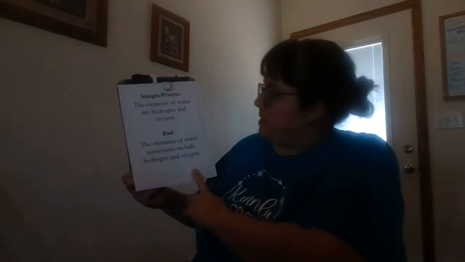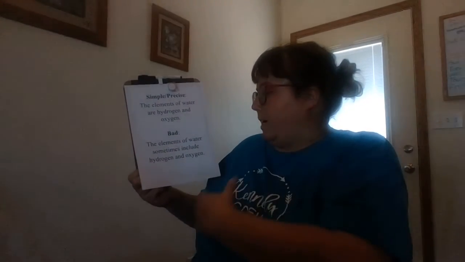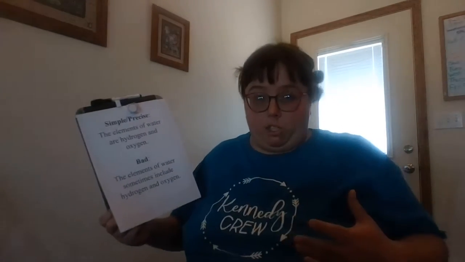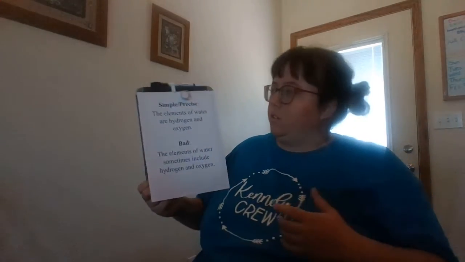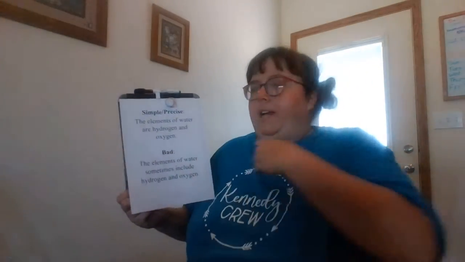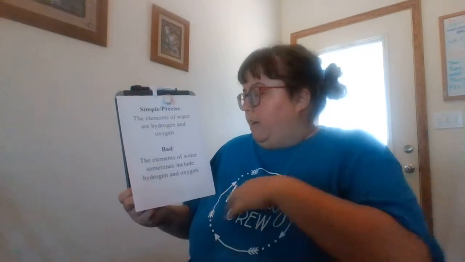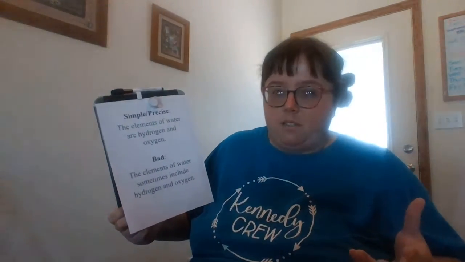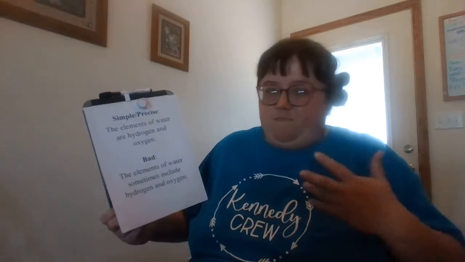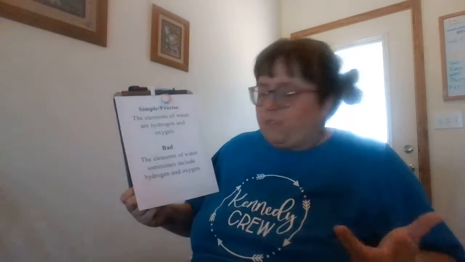But the bad one is this: the elements of water sometimes include hydrogen and oxygen as well. So, the top one, it's precise, gets straight to the point, whereas the one on the bottom just gives us too many context words, and it's just very confusing to me. So, simple, sweet, to the point.